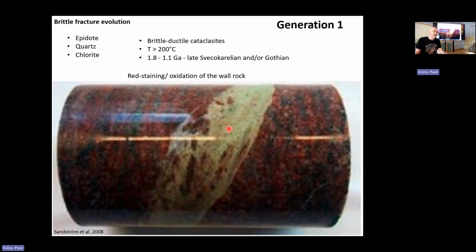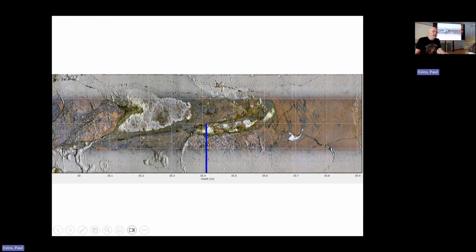They're characterized by brittle-ductile cataclasites on the micro scale. They formed at over 200 degrees Celsius, and the typical filling is epidote, quartz, and chlorite. It could look like that in the drill core piece. If you have a borehole film, it might look like this. Note the very easy to identify olive green color of epidote and quartz associations here. This is a generation 1 fracture.